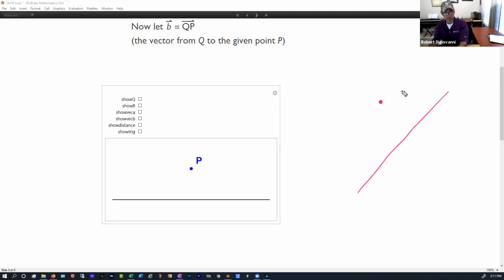Okay, there's your point P and there's your line. And this is in three-dimensional space. So here's what we're going to do. We're going to pick a point on the line. Can we do that easily? Yeah. We have the equation of the line, right? We have that. So we should always be able to find a point on that line pretty easily.